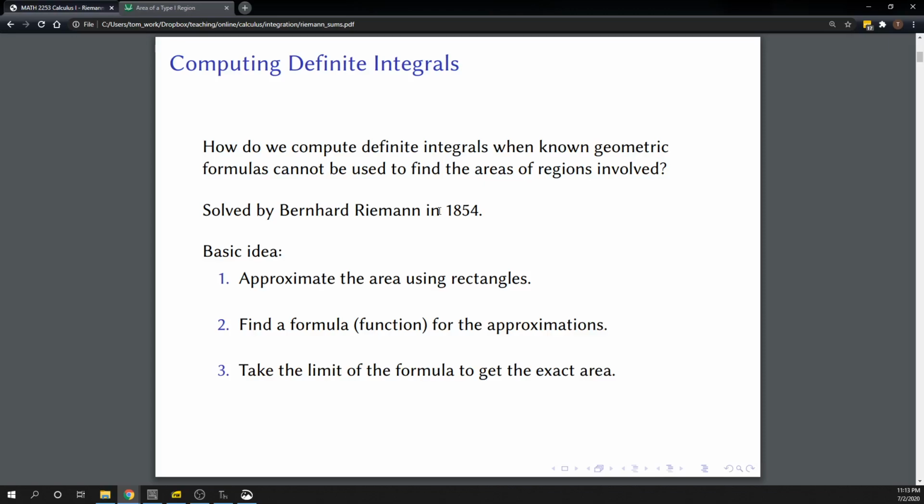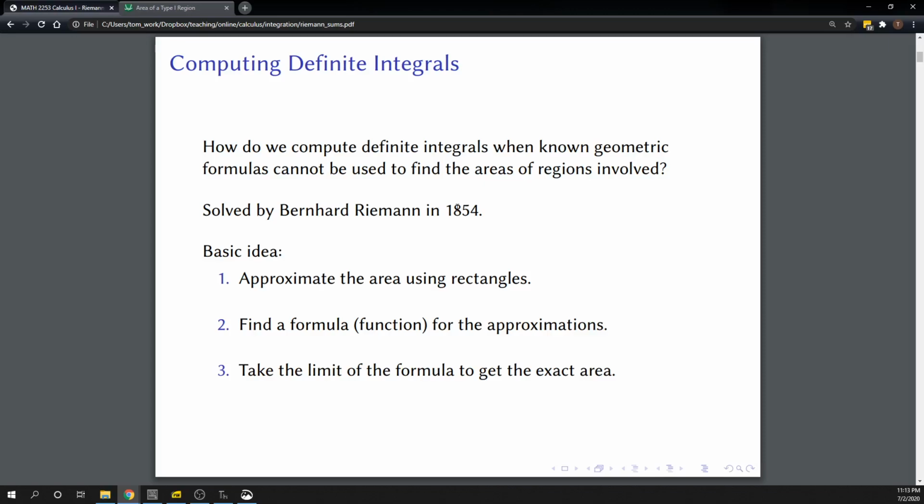So we will get an approximation, and then we'll find a formula for those approximations, which will wind up being a function of how many rectangles are used. And then basically we will take the limit of the formula to get the exact area that we want. So that's the general idea.